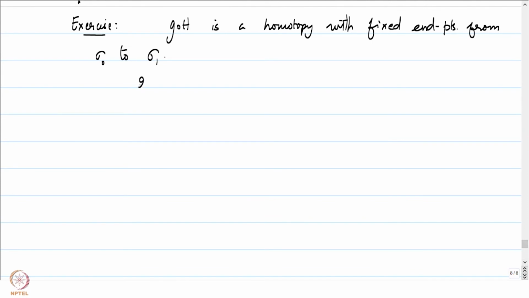Also notice, if sigma s is defined to be g composed with H of s comma t, so this is sigma s of t, this is a curve from x0 to small x.